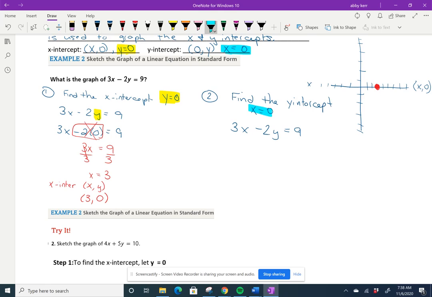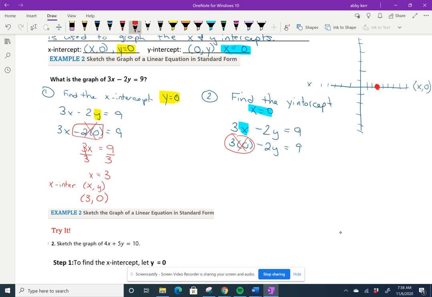Now, instead of putting in for y, now we know that our x is 0. So I'm going to substitute it in to the x location. Now if you look here, 3 times 0 is 0.